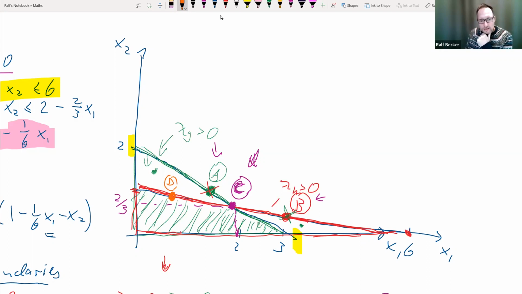If we had found point D, then we know the best possible point on that line would have been point D, and we wouldn't have had to look at point C anymore.